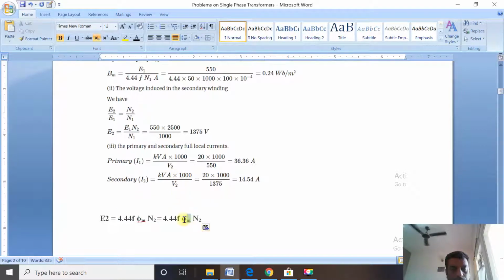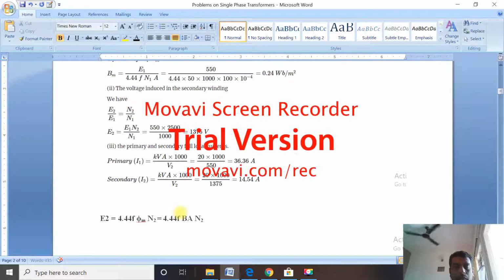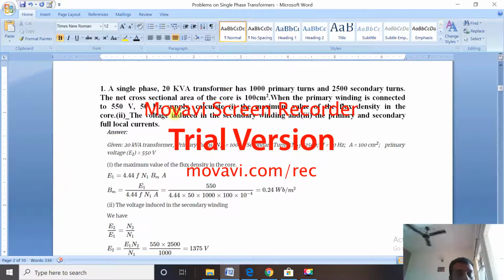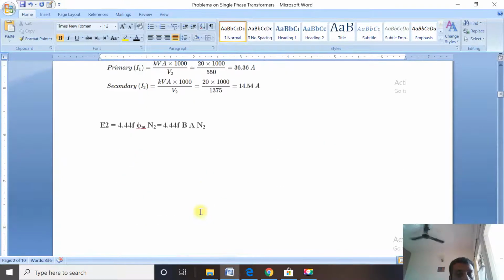In the place of phi_m, my answer will be B into area. B you have already found: what is the value of B? 0.24. What is the value of A? 100 into 10 to the power of minus 4. Substitute in this formula and you will get an answer.